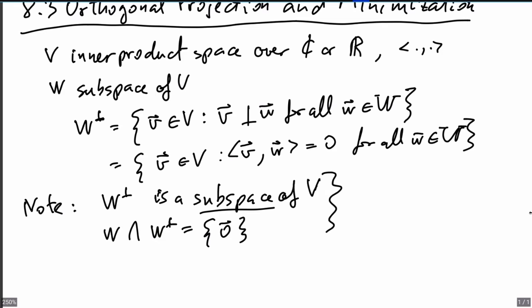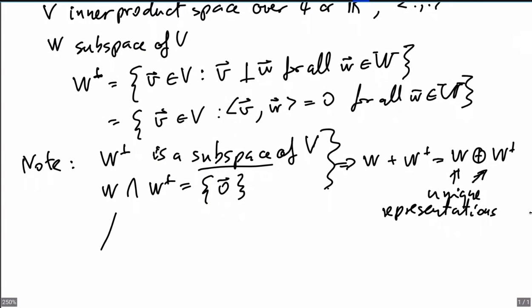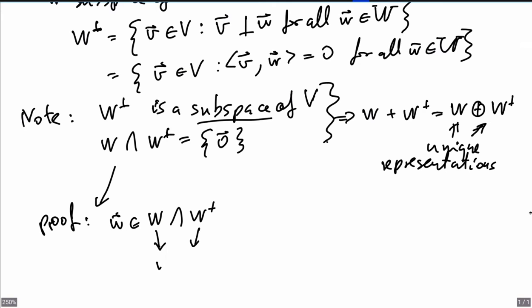If you go back to the definition of a direct sum, then you will see that that's all we need for W plus W perp to be a direct sum, which means the representation is unique. Let me at least show that the intersection is the 0 vector. If w is in W intersection W perp, then the inner product of w with w is 0.